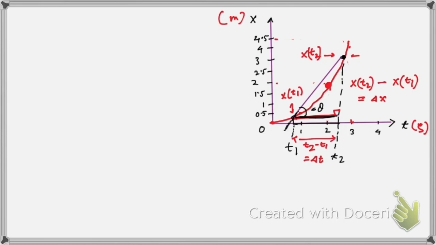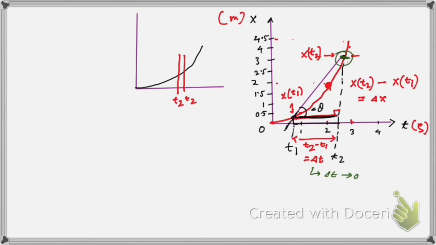Now suppose we are to find the velocity at any instant t, then we have to take the limit as t tends to 0. That means here you see, we have taken this difference t2 minus t1 very small, so t2 and t1 are very close. That means we have assumed that these two points x(t2) and x(t1) are very close.